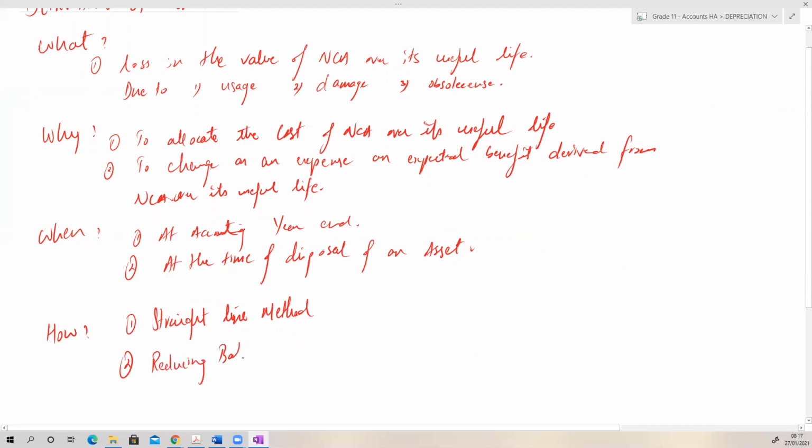Cost minus scrap value upon life. ठीक है जी.